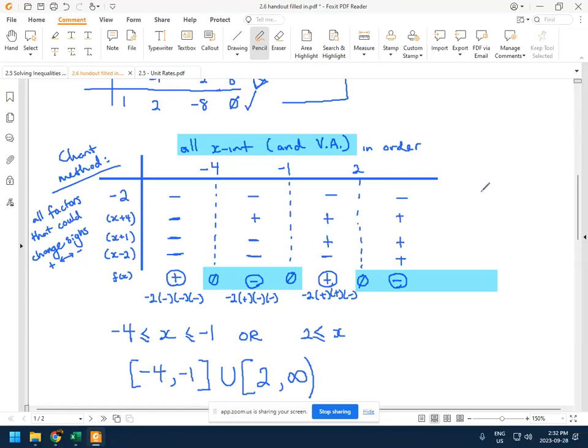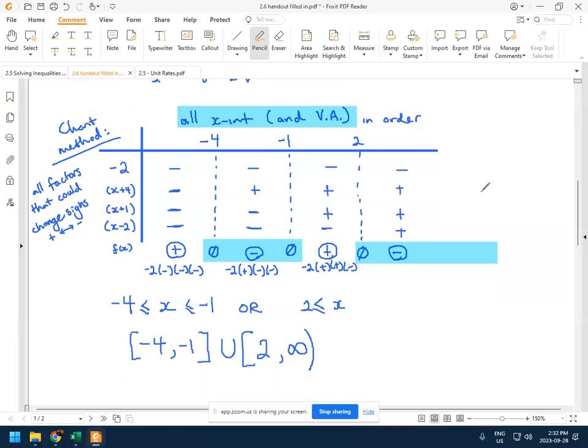In fact, I'm going to ask you to try it right now. I only have one more example with you. That's literally the end of my question. So you can say, so therefore, f of x is smaller than or equal to 0 when x belongs to blah, blah, blah.